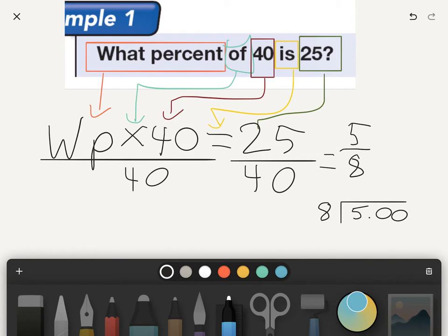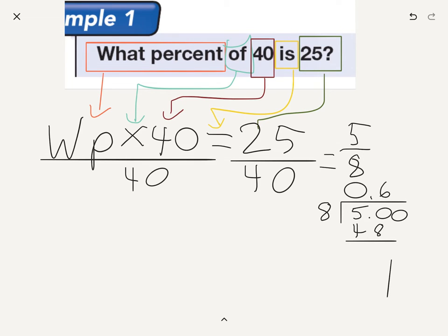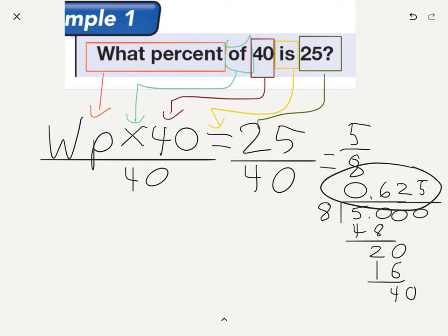Okay, so we can figure out the percent of any fraction by just doing it as a division problem. 36, 48, 22. I'll need one more zero there. 92, 16, another 40. And that gets us to, there's our decimal.